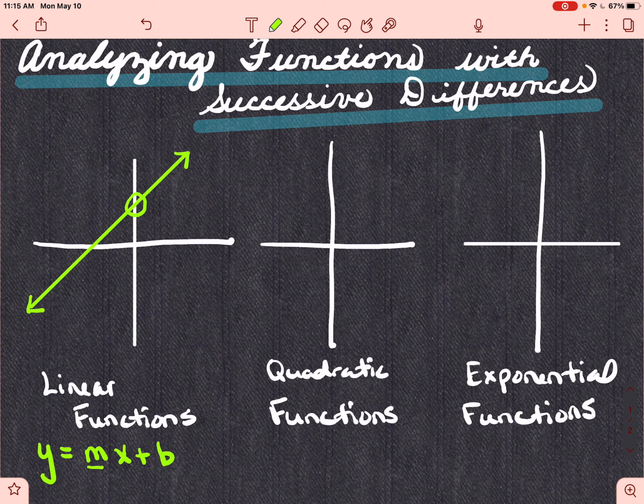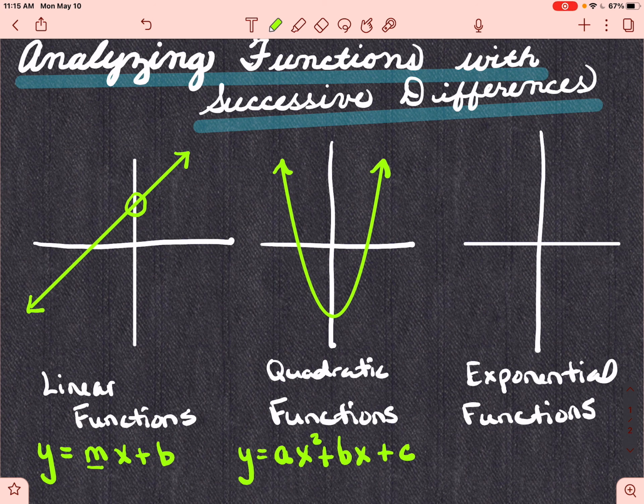If we're looking at a quadratic function, it looks something like this. It is a parabola, and the equation, if it's in standard form, looks something like y equals ax squared plus bx plus c.